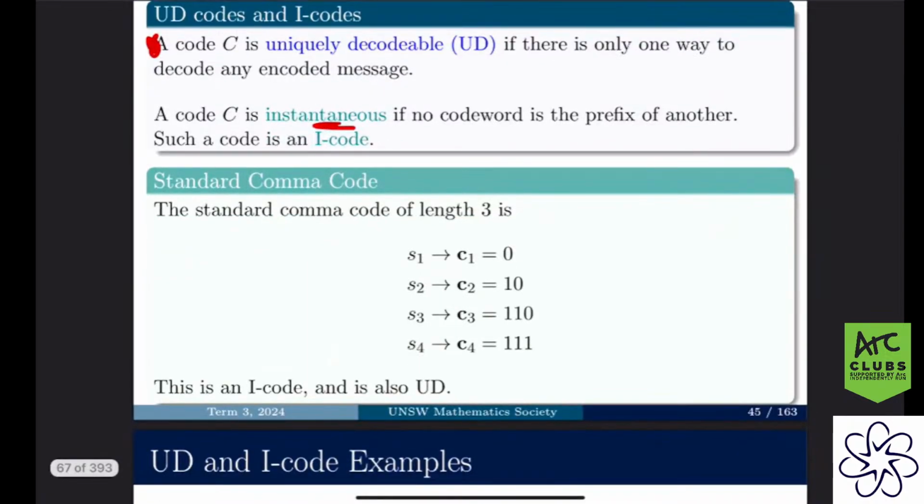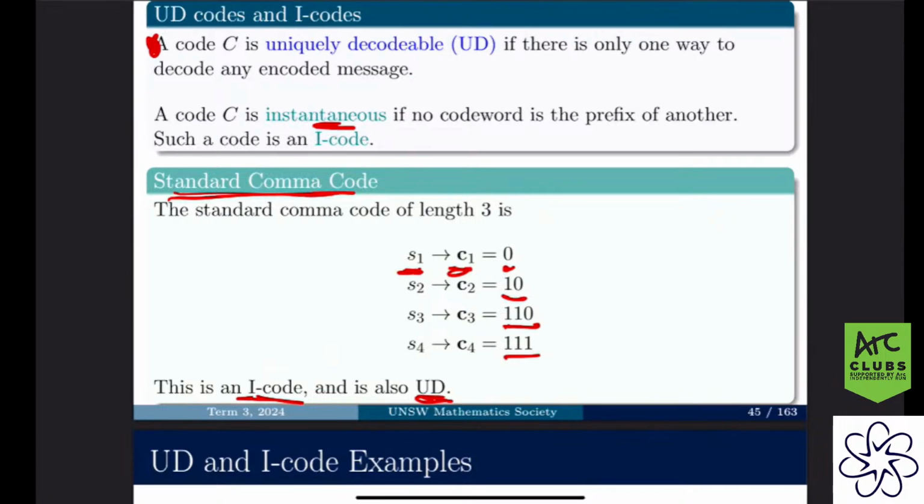Right, let's see an example of that. The first example in this section is the standard comma code, which basically uses the code words 0, 10, 110, and 111. So we have our choice of code words for source symbols, and we are choosing 0, 10, 110, and 111. This is an instantaneous code, and it's also uniquely decodable.